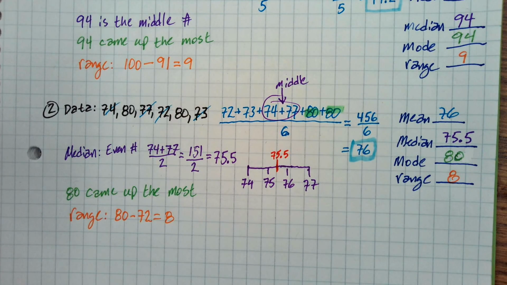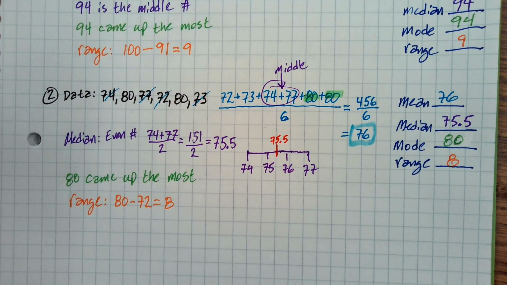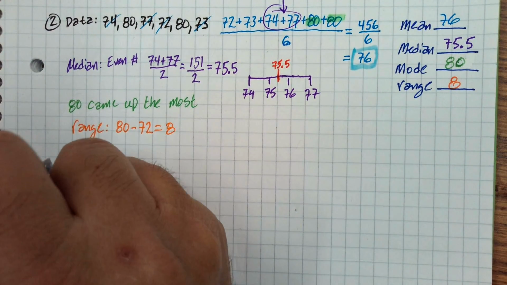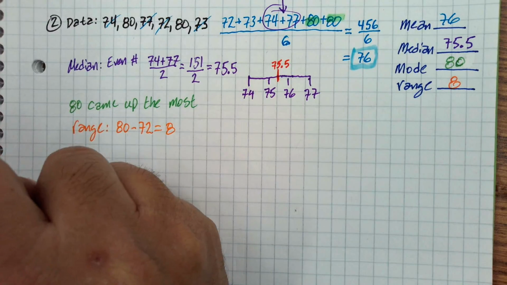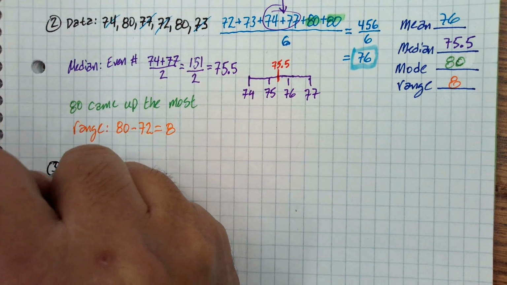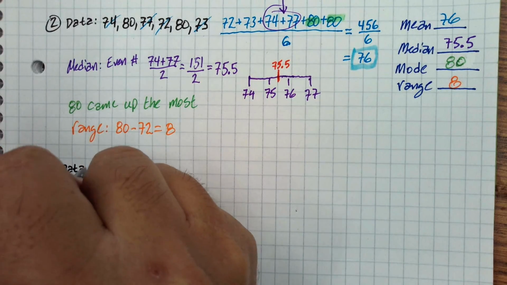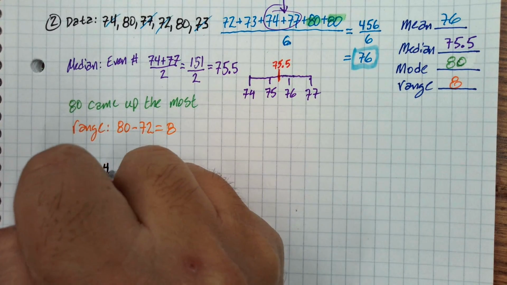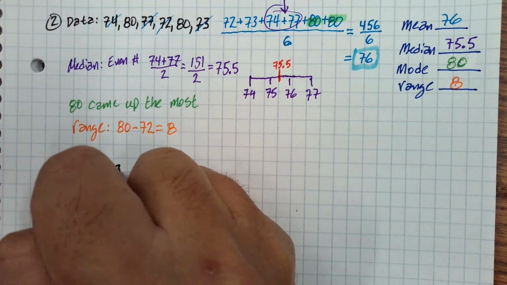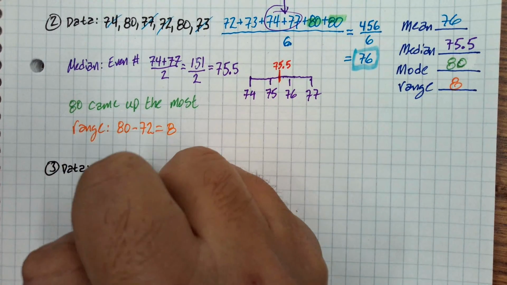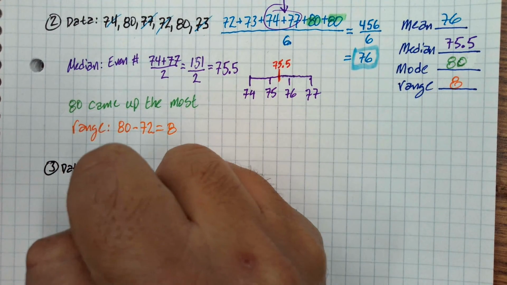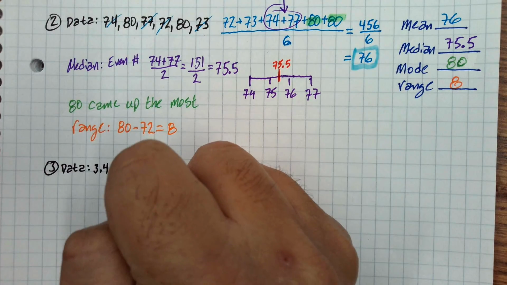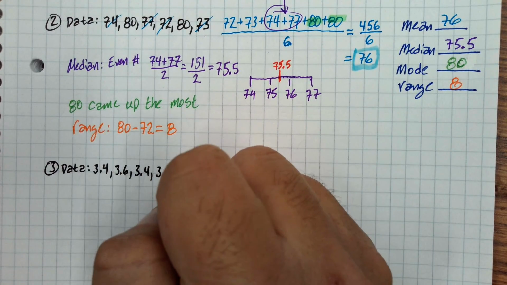So, last one. Let's look at the last question, number 3. The data here, we got a bunch of decimal numbers: 3.4, 3.6, 3.4 again, 3.5, 3.6.